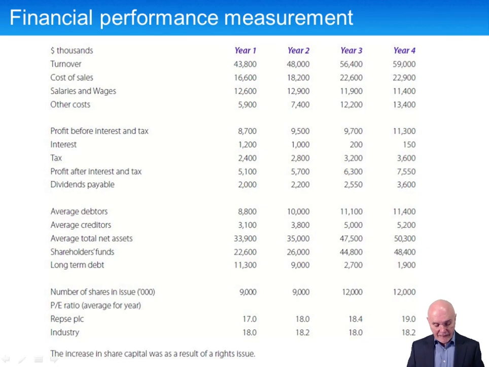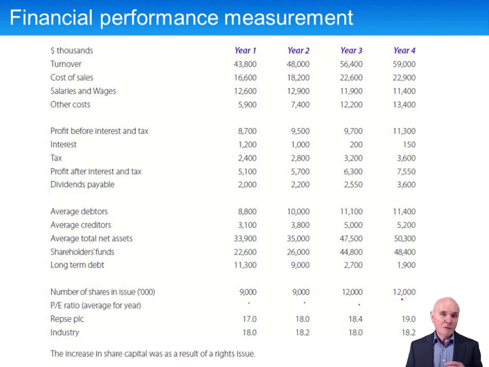We have to be a little bit careful because as we go through this line here, when we look at the number of shares in issue here, it's gone from 9 up to 12. And it says that there's been a rights issue sometime in year 3. And obviously if you issued shares to kind of double the capital of the company, you would really expect profits to increase in a similar sort of proportion.